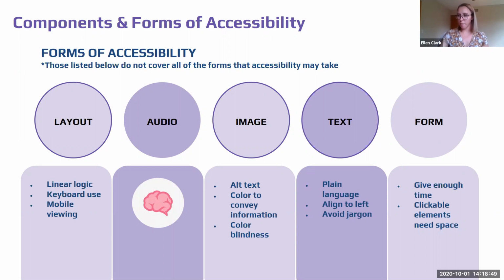With text, often in our world, I'm guilty of it as well. I get really wrapped up in I know what I'm talking about, but not everyone does. So avoiding jargon and using plain language are 2 ways to think about accessibility within text.